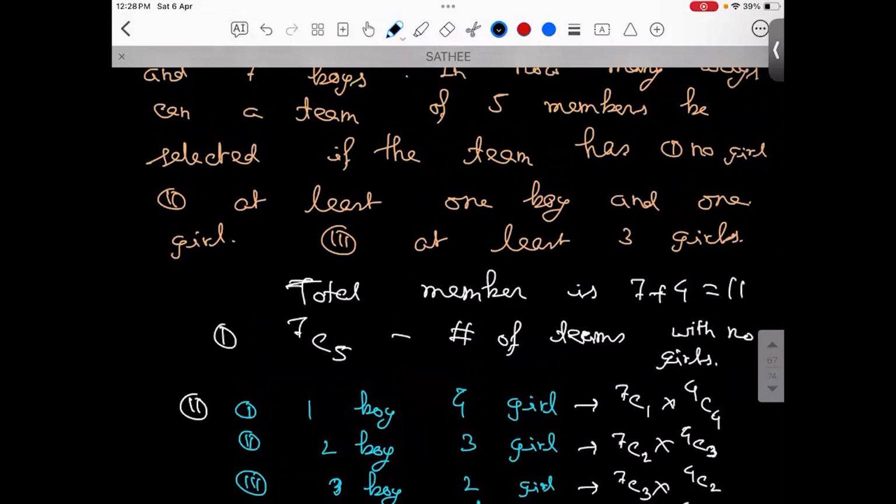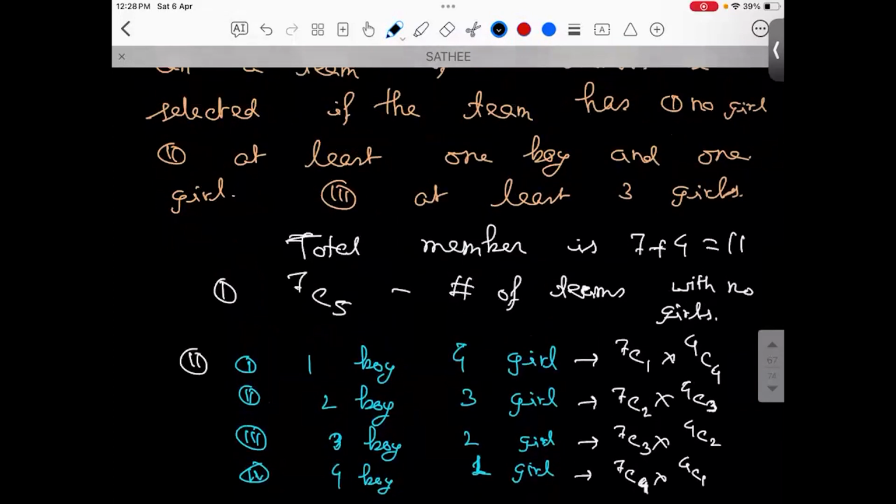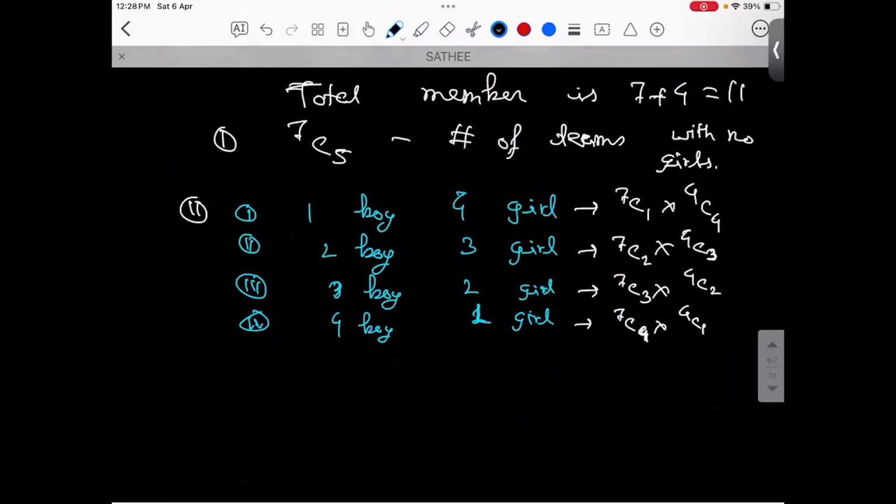Okay. Now, by the condition that at least one boy and one girl, we have obtained 4 different cases, and we have calculated the number of possible teams for the 4 different cases explicitly. Now you need to add all these terms to obtain the case that at least one boy and one girl. So what will be the answer?